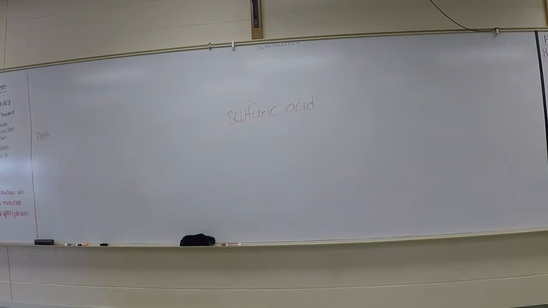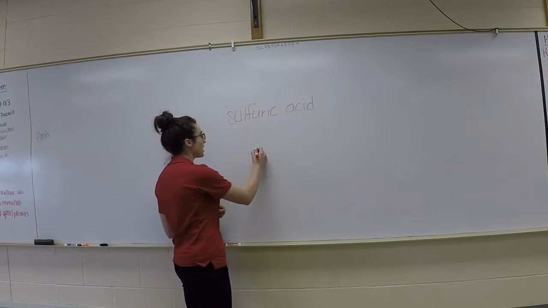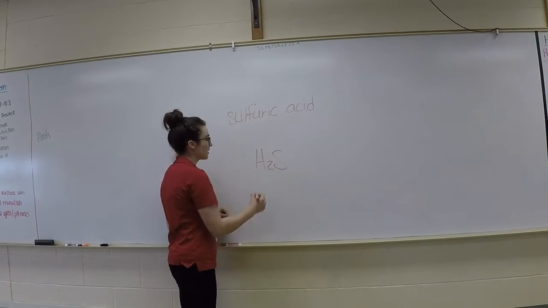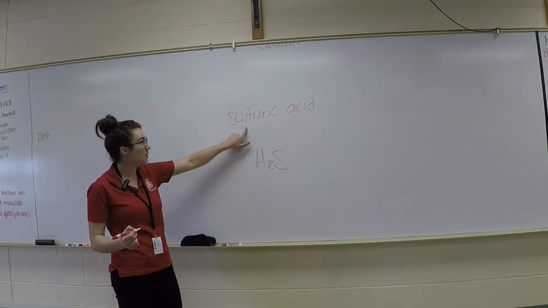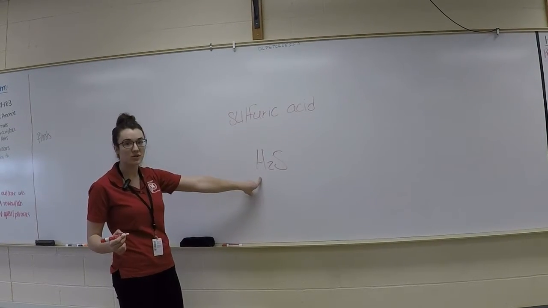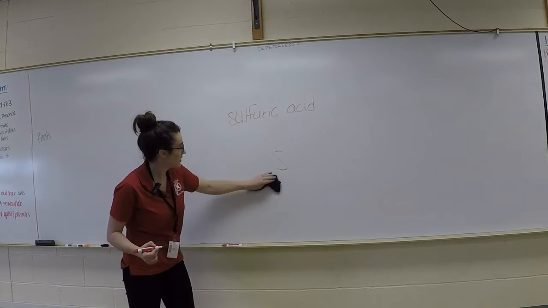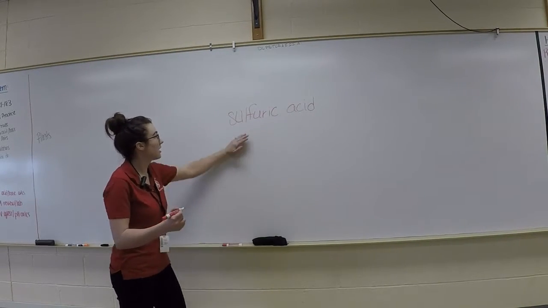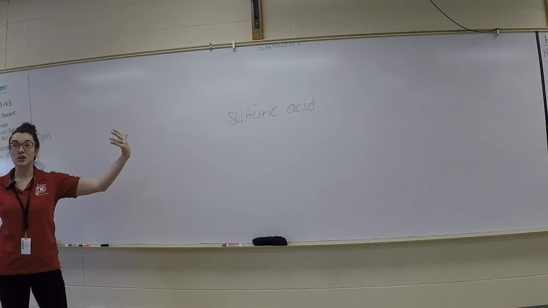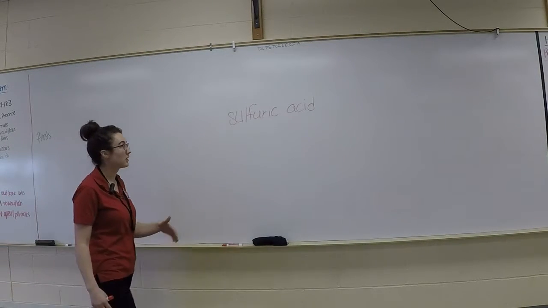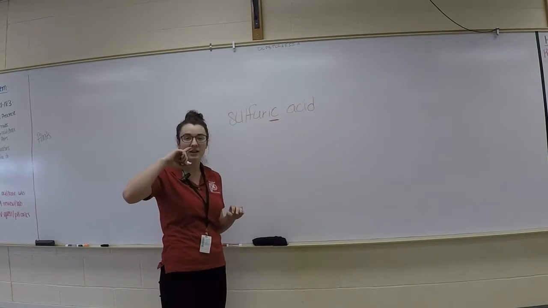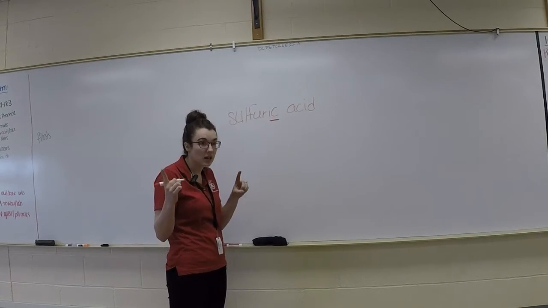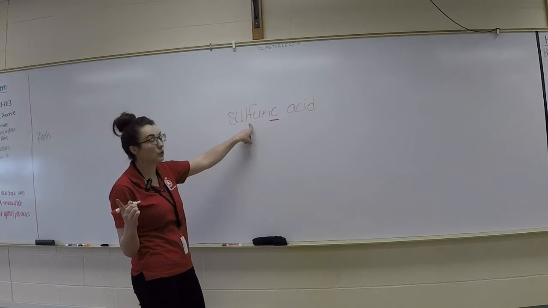So the first problem I saw was some people were writing this. This is binary, so it would have what prefix? Hydro. So it can't be that. This is hydrosulfuric acid. This is just sulfuric acid. Because there's no hydro, we know it's ternary. It has to have a polyatomic. So we have an ic at the end, meaning the polyatomic ion ends in what? Ate. We got sulf in the front.